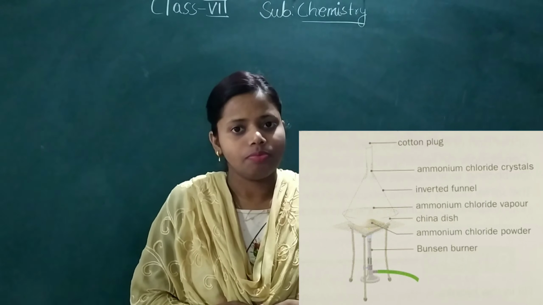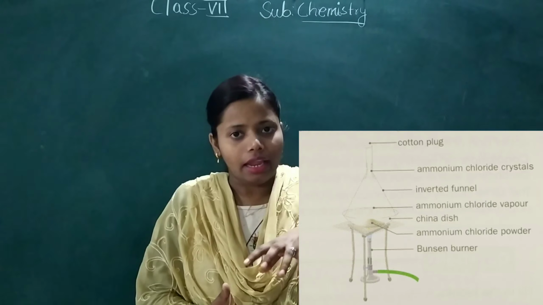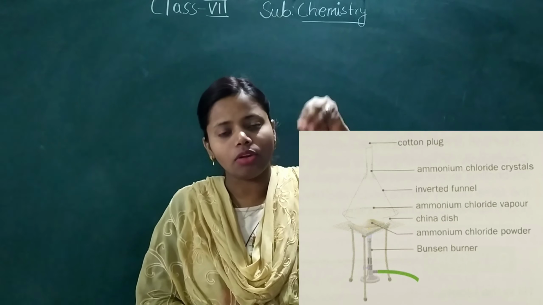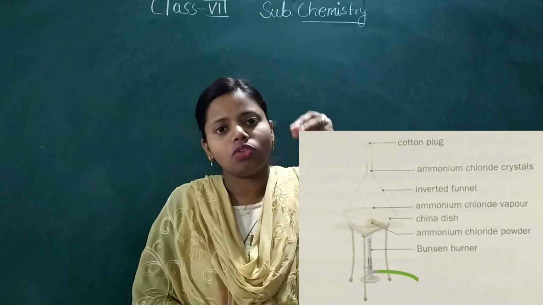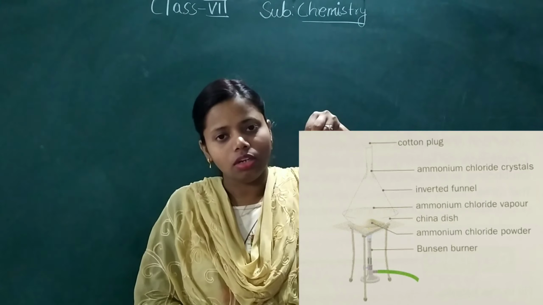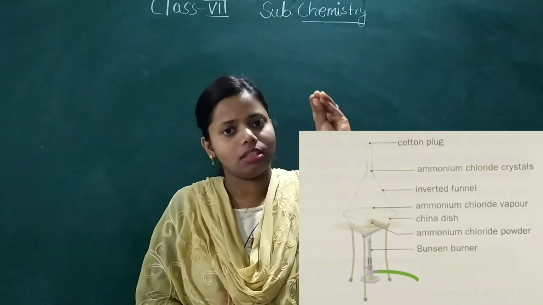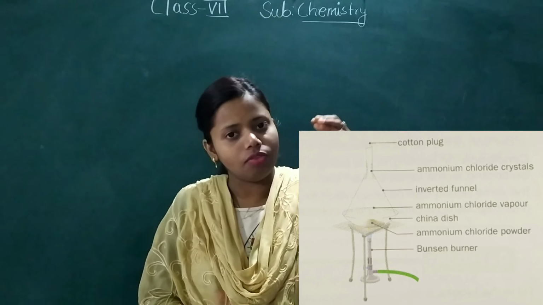Now you cover this china dish with a funnel, and the top opening of the funnel has to be closed. To close it we will use cotton. We put the cotton in the opening of the funnel so that no gas escapes.